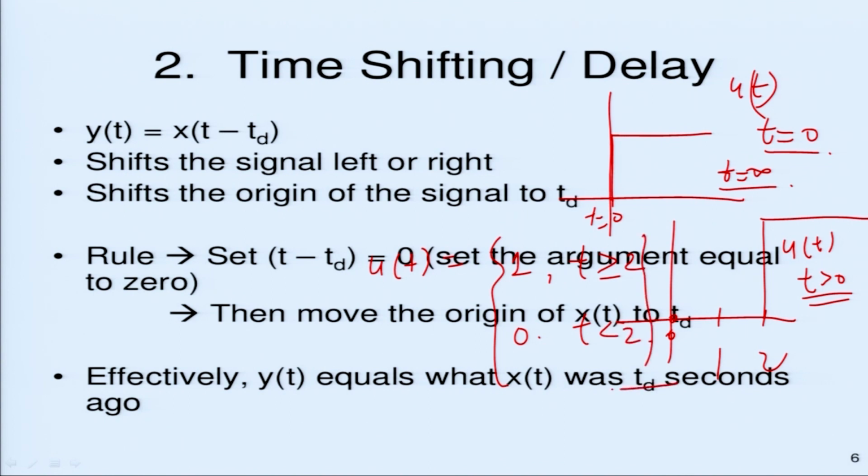This is the mathematical representation, and basically we have shifted the signal by 2 seconds, if you say time is in seconds. So how we do this, let us see.